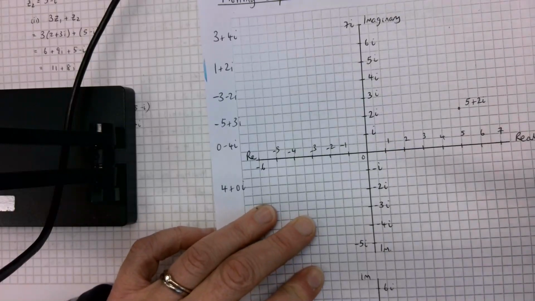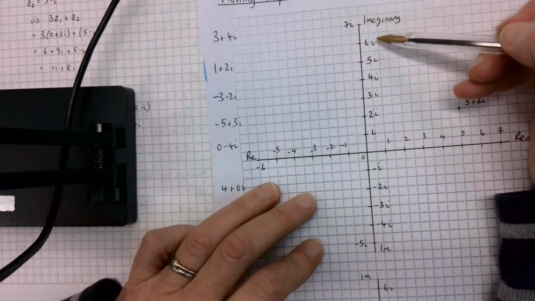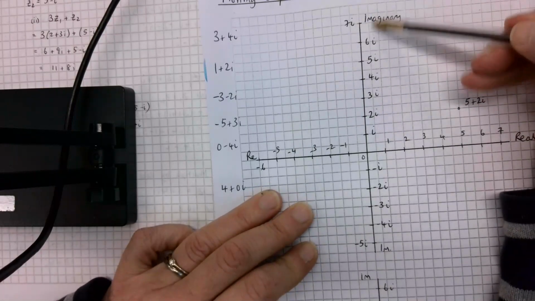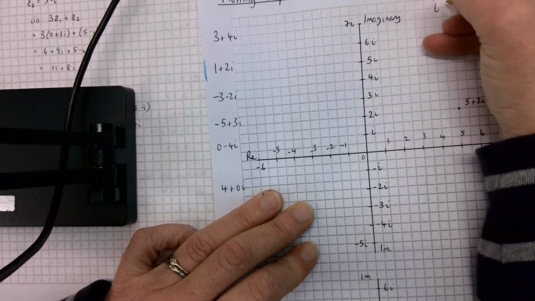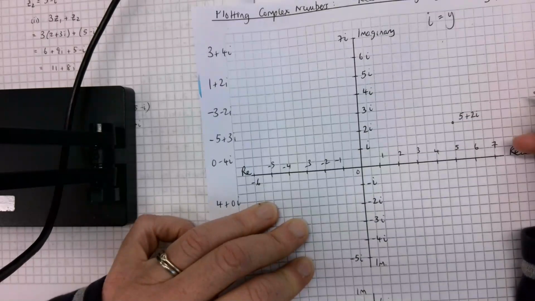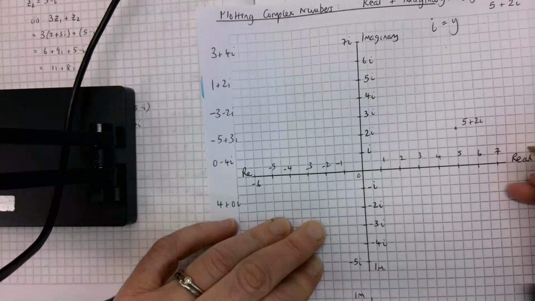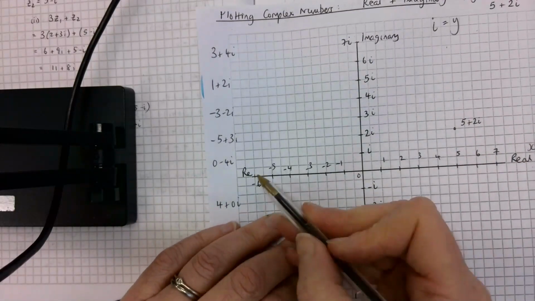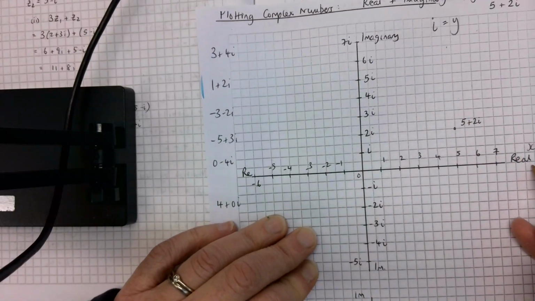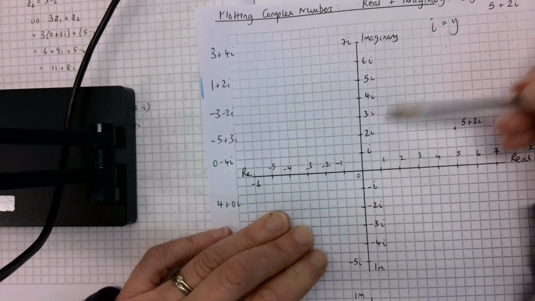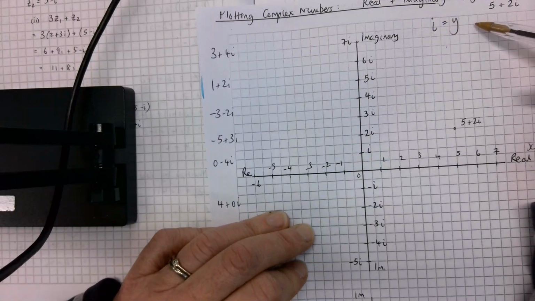Now if you notice, the imaginary axis has i's all the way along it, and i sounds like y. So when you think y-axis, you're thinking imaginary axis, and that leaves the real axis to be the x-axis. So the horizontal axis is the real axis, which has the real numbers. The imaginary axis, the i-axis, is the y-axis, which has the imaginary numbers.